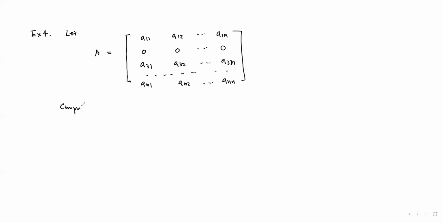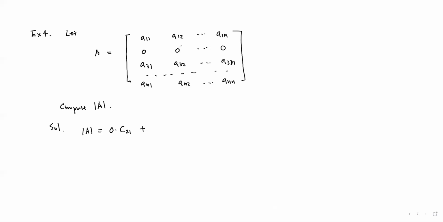Now, compare the determinant of this matrix. Okay, now solution. Because the second row is all zeros, of course, I expand the determinant across the second row. The determinant is, second row, first entry, 0 times C21 by formula.